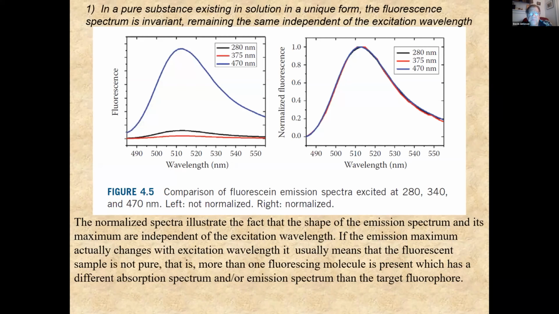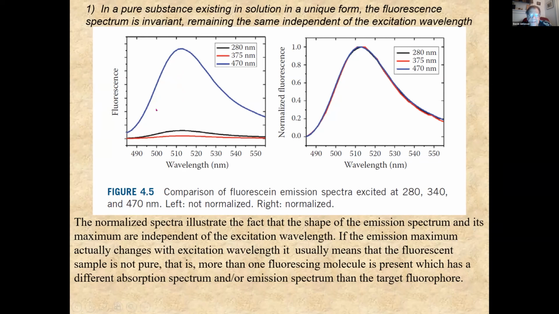Now, let's look at that in a little more detail. So here's fluorescein in a cuvette, the emission spectrum, and this is a solution that's being excited at 470, this blue line, and also at 375, this red line, and at 280, this black line.